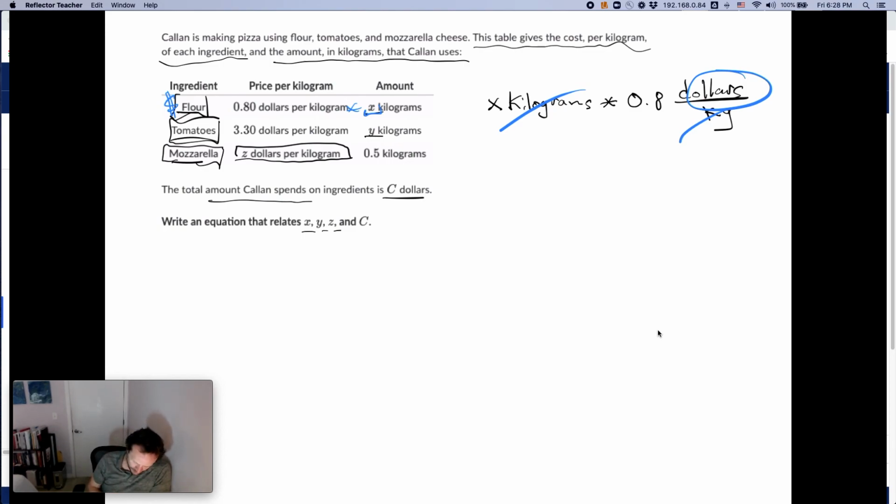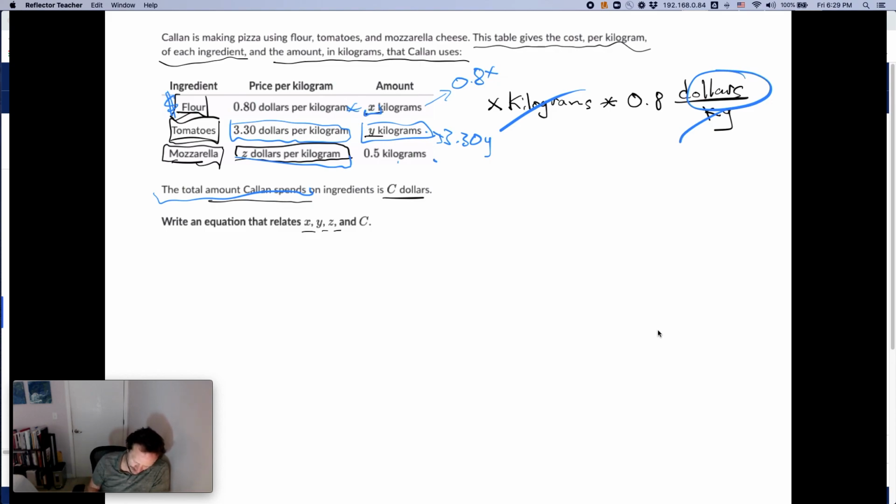I want to know the total amount Callan spends. So here, this is 0.8x. Down here, same thing, 3.3 dollars per kilogram, Y kilograms, 3.3y. This one, Z dollars per kilogram, 0.5 kilograms.